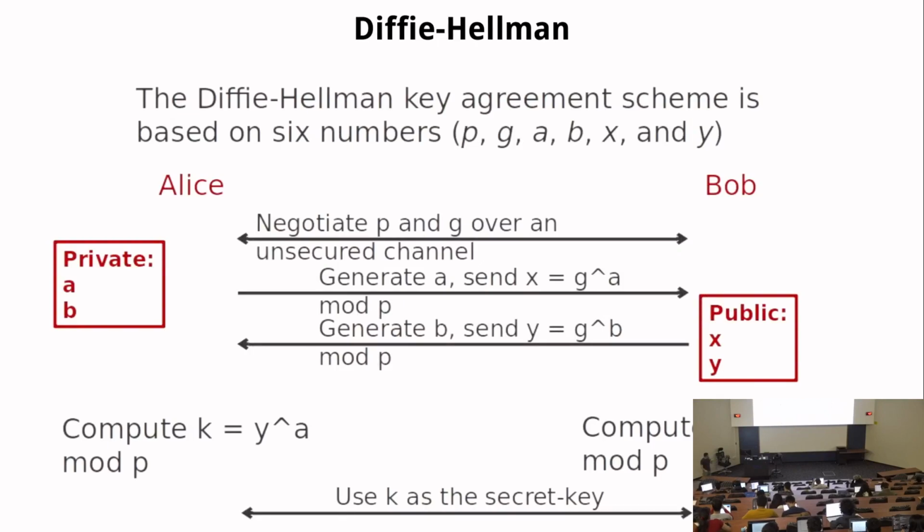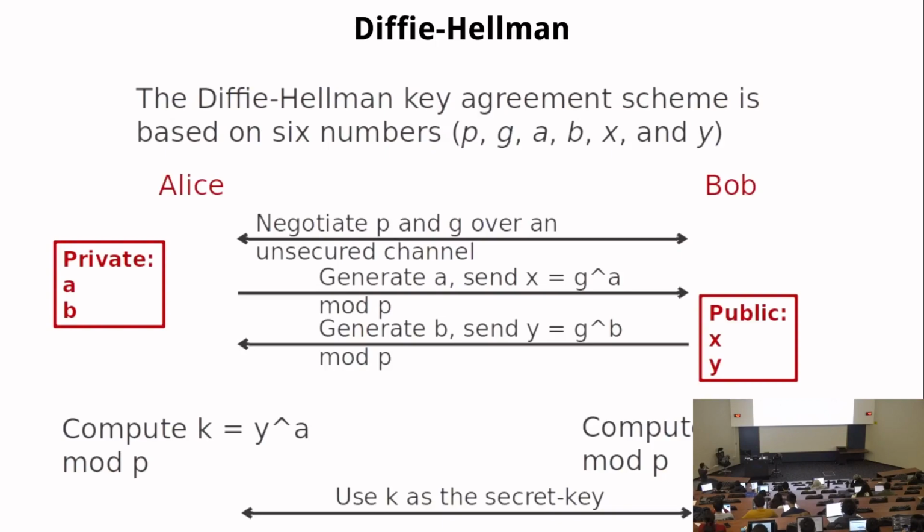This slide shows the original protocol. We have Alice and Bob. Alice and Bob first agree on P and G over an unsecure channel. So attackers also know that. So Alice will generate a number, let's call it A, same as before, that's a secret.